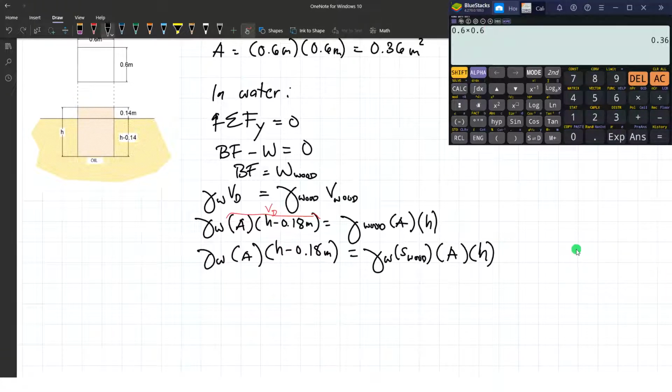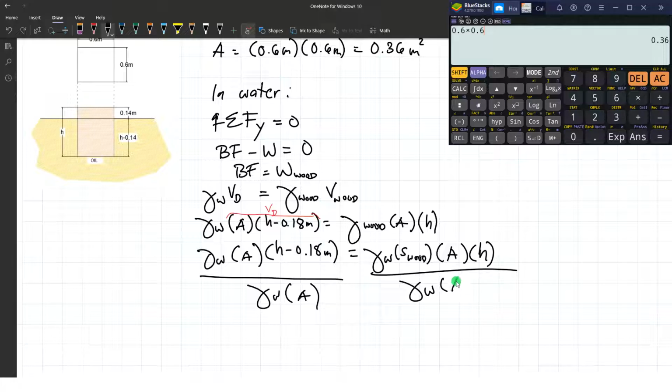There are common terms on each side of the equation. We have common unit weight of water and cross-sectional area. So if we divide both sides by the unit weight of water and the cross-sectional area of the wood, they can be cancelled out.